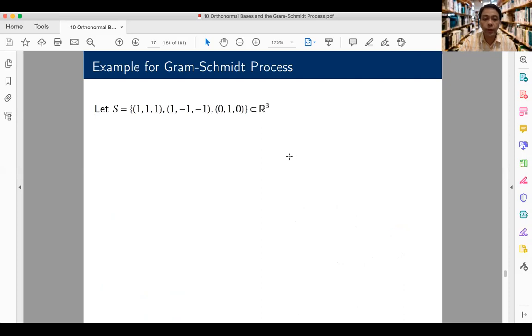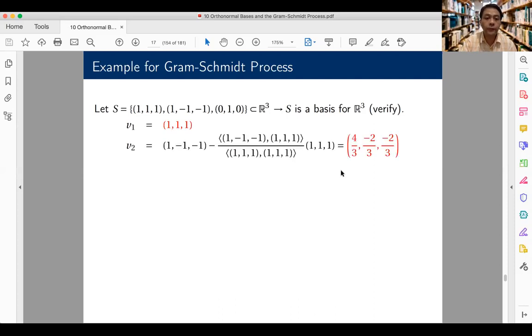Another example, let's say we have these vectors in R cubed. You can verify that this is a basis for R cubed. So let's construct an orthogonal basis. V1 is the first vector in S. The second vector is S2 minus its projection on S1 or on V1, and that is equal to this.